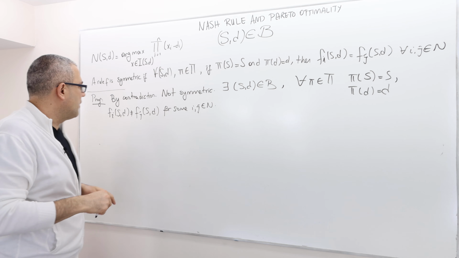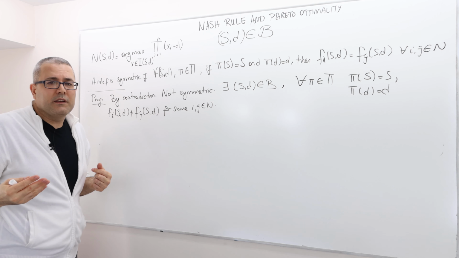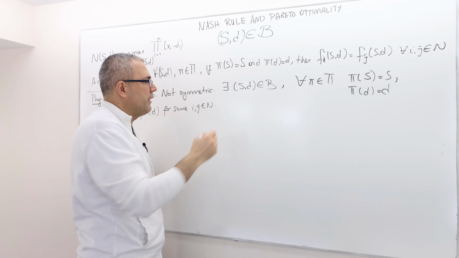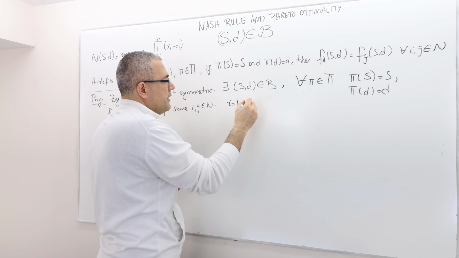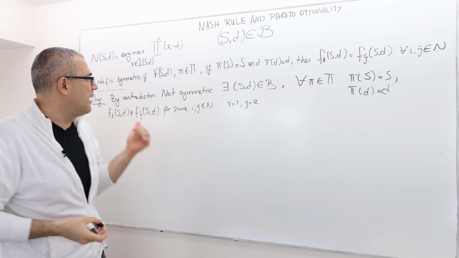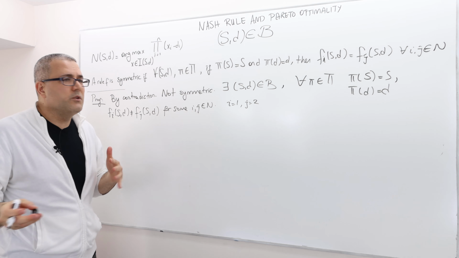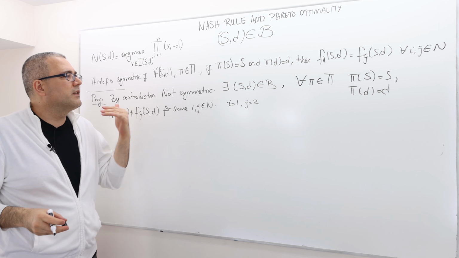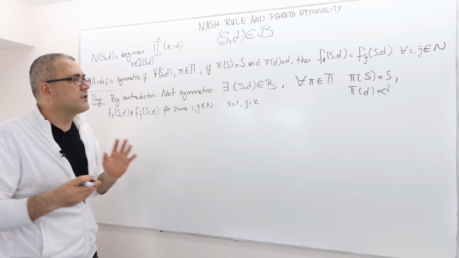So, without loss of generality, suppose that this is player 1 and 2. So i is 1, j is 2. I don't know the identity of i and j, but I don't want to keep using i, j here and there. So let's say player 1 and 2's payoffs are not the same.